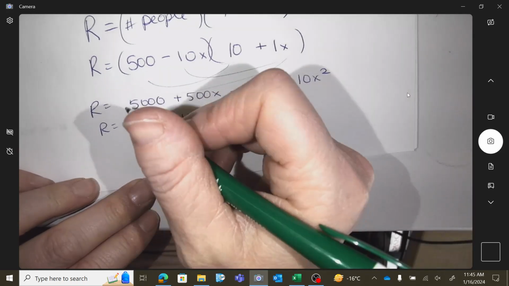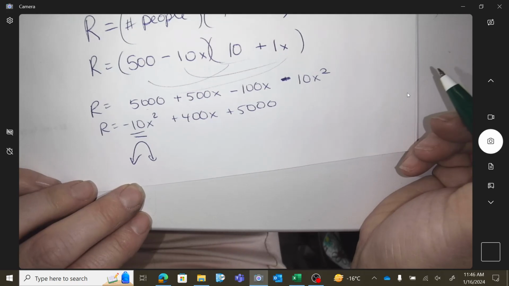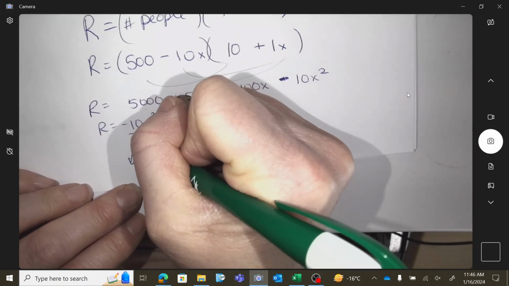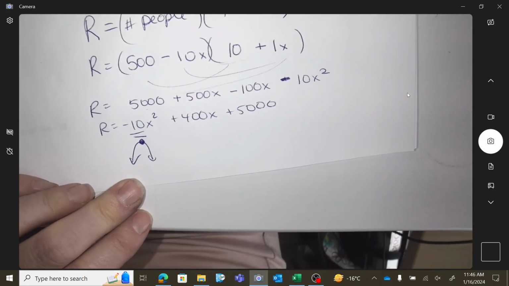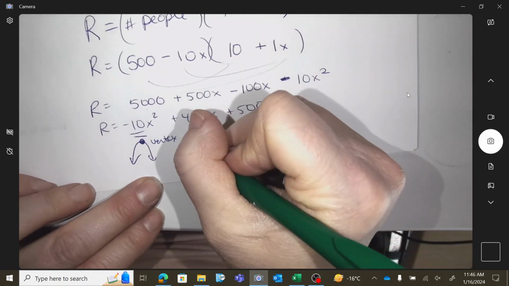Okay, so what does this parabola tell me? This opens down. So then I'm trying to get max revenue, which means I'd like to get the vertex. And how do I get the vertex?